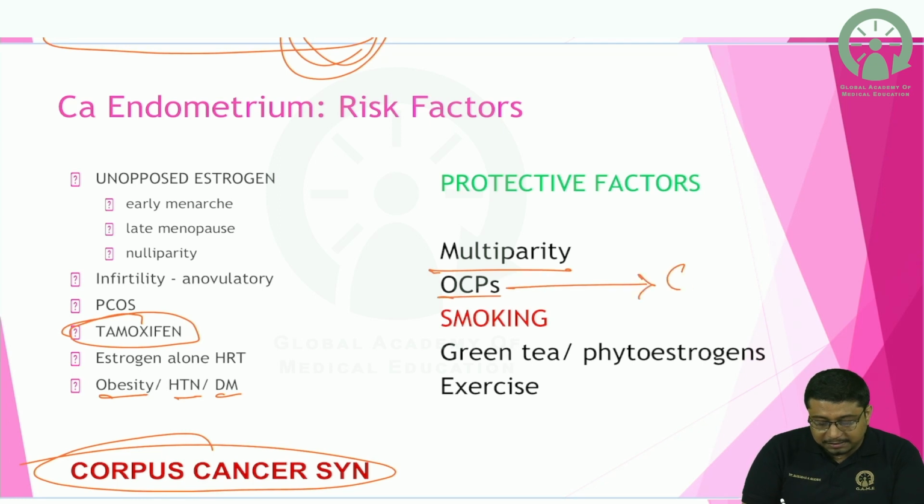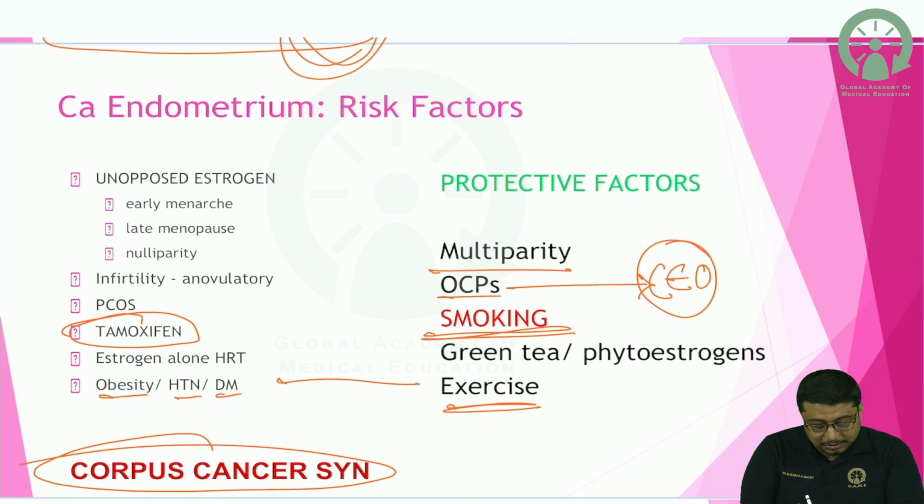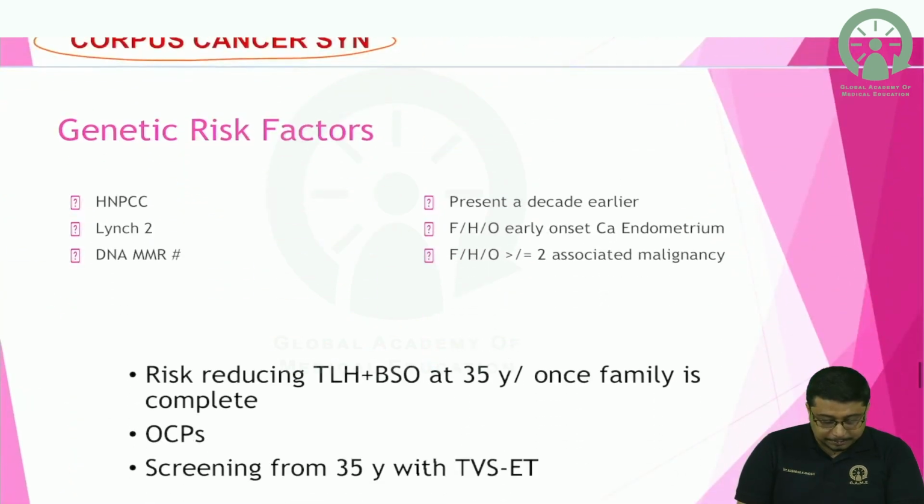And protective factors are multiparity, OCP. OCP, remember, protects against three cancers: CEO. Okay, so colon, endometrium, and ovary. Smoking is anti-estrogen, and hence smoking is protective for CA endometrium, but it can cause many other cancers. So don't jump ahead and start smoking. And of course, exercise. So see, there is a metabolic risk factor and there is a metabolic risk reducer.